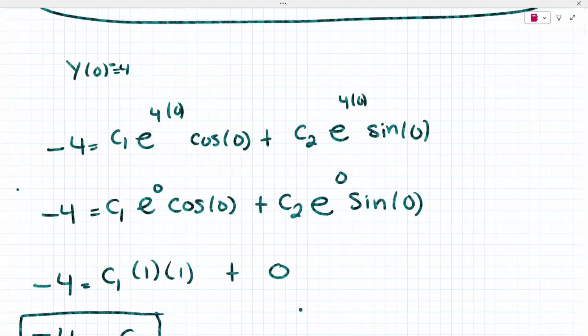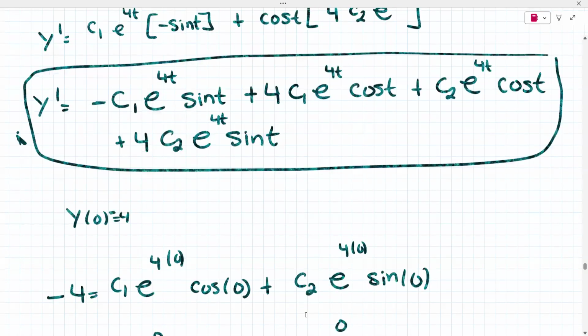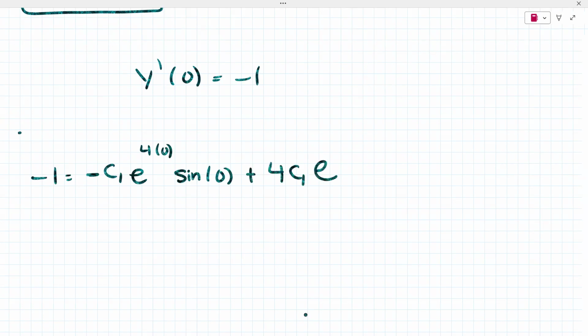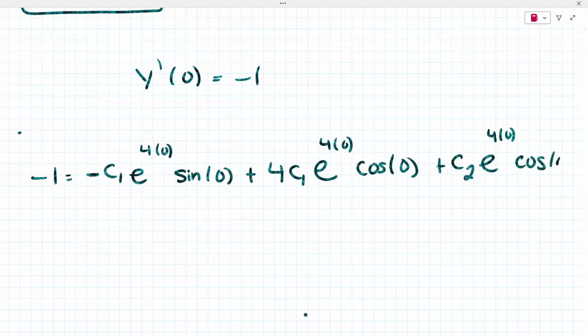So that's going to give you negative 1 equals negative C1 e to the 4 times 0 sine of 0 plus 4 C1 e to the 4 times 0 cosine of 0 plus C2 e to the 4 times 0 cosine of 0 plus 4 C2 e to the 4 times 0 sine of 0.